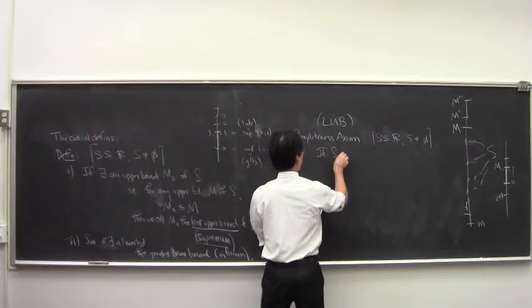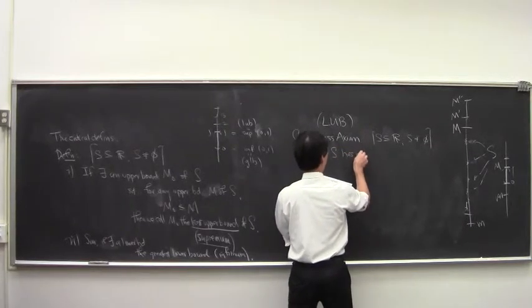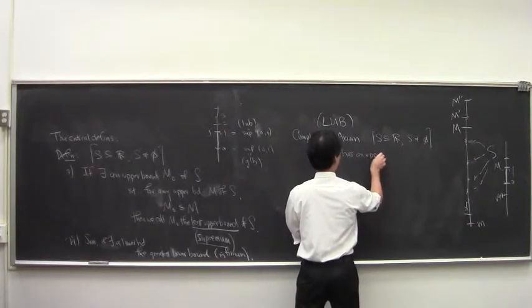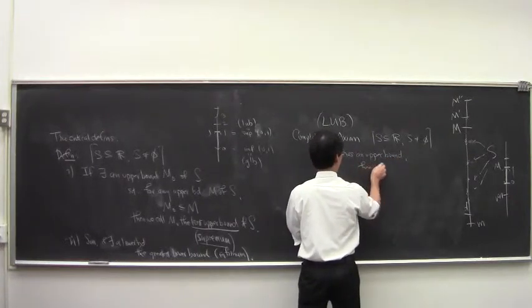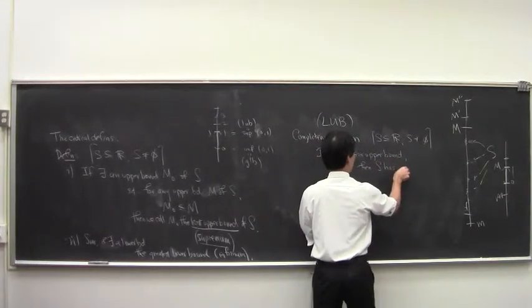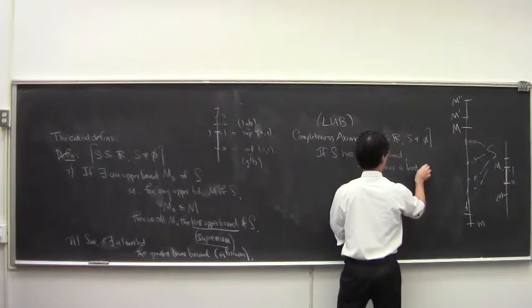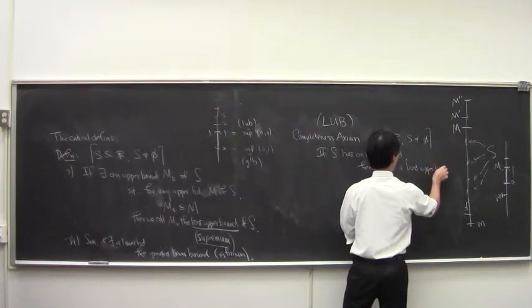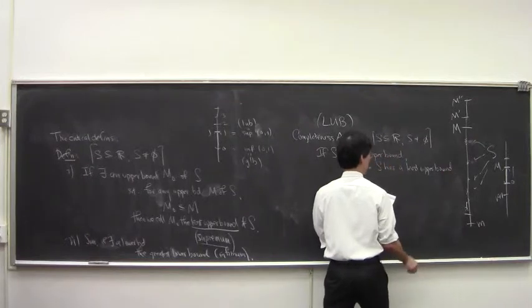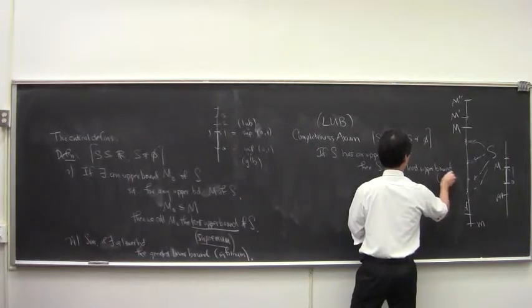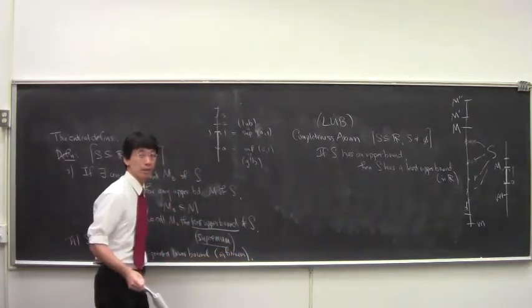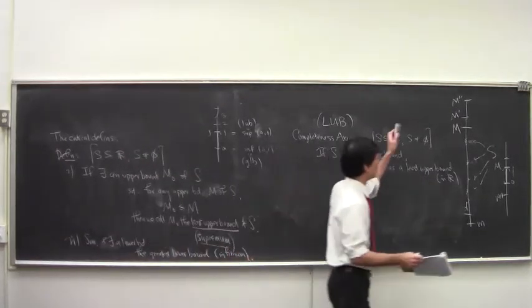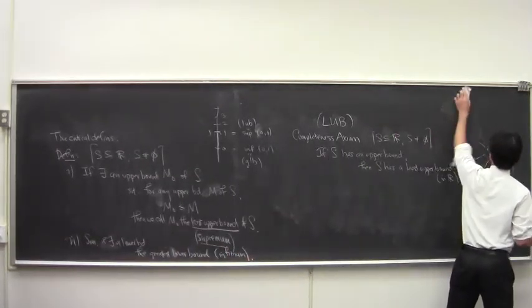If S has an upper bound, then S has a least upper bound in the reals. So we're assuming that we're in the reals. Any set with an upper bound has a least upper bound.